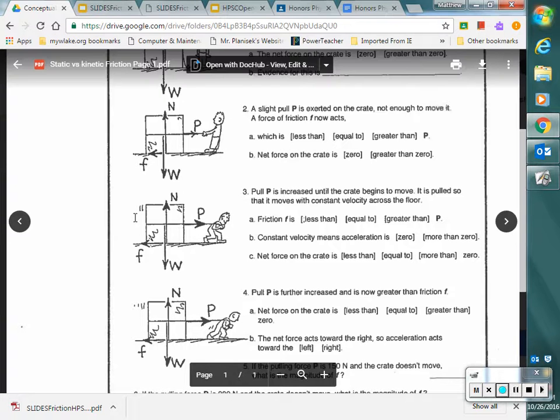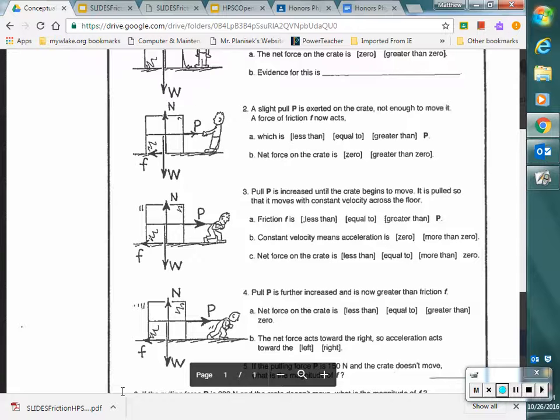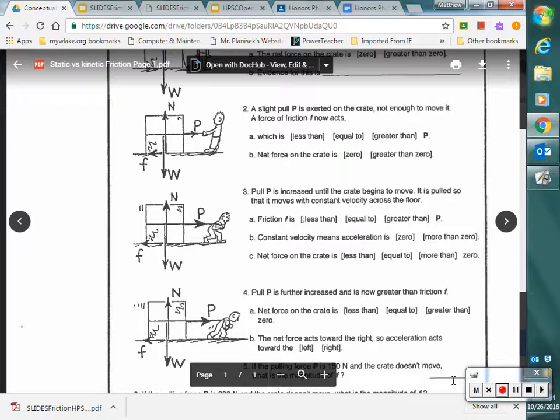There's a friction force, which is labeled as F. How big is that friction force compared to P? Eric. Equal to P. That is the correct answer. And Eric, that means that net force on the crate is now 0. We have 4 forces now, but they are canceling each other out.